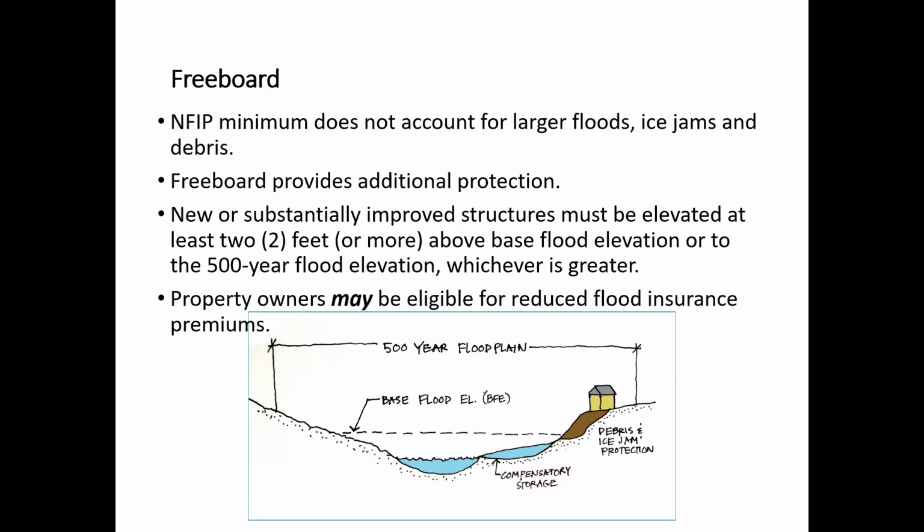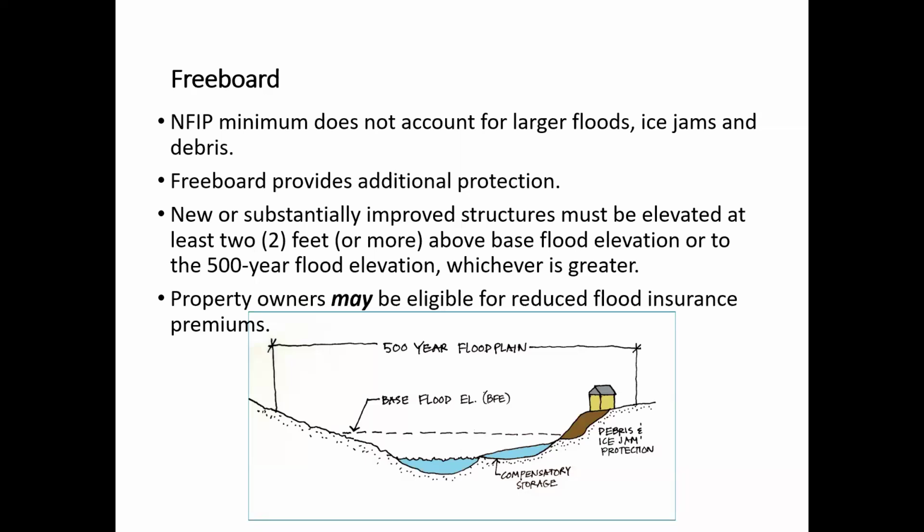One of the trickier things is figuring out when those need to be brought into compliance. In floodplain world, the trigger is substantial damage or substantial improvement. Substantial damage is when a structure is damaged in a way that it loses 50% or more of its value. Substantial improvement is the opposite, when someone invests in a structure that increases its value by more than 50%. When you do that, you need to bring it into compliance.